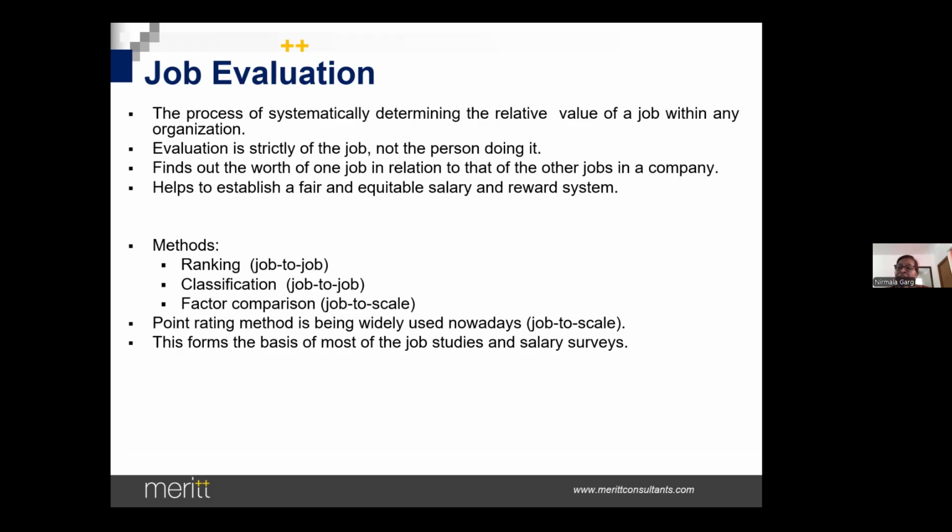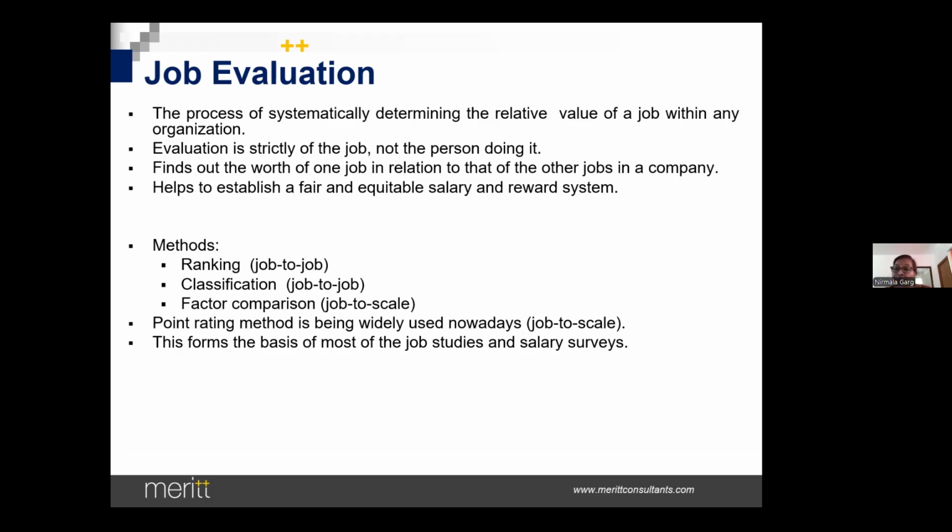Say, for example, in Niti's organization there are 20 jobs across different functions, different job families. It could be production, finance, HR. So there are various jobs, say about 50 jobs. Now, how do I build a salary structure saying which job should be paid how much?